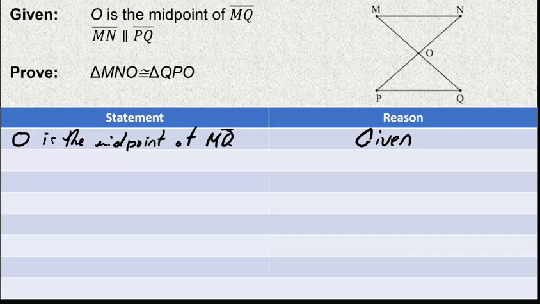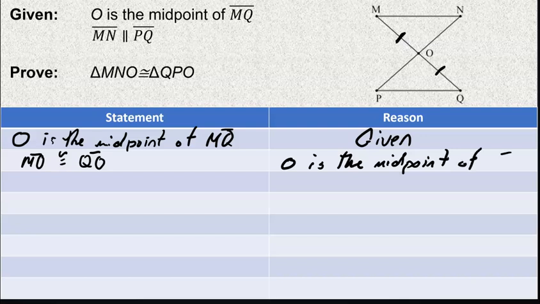So that means I have MO and OQ are congruent because O is the midpoint. So I'm going to write that out. I should point out I did take the effort to make sure I matched my corresponding parts, just in case you don't have me as an instructor, as a stickler for that.